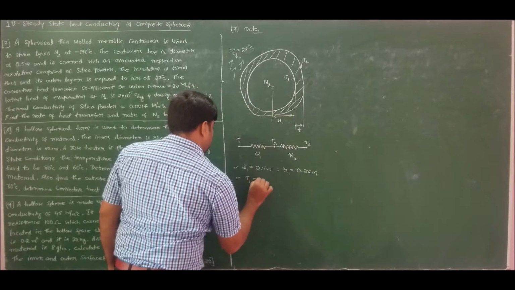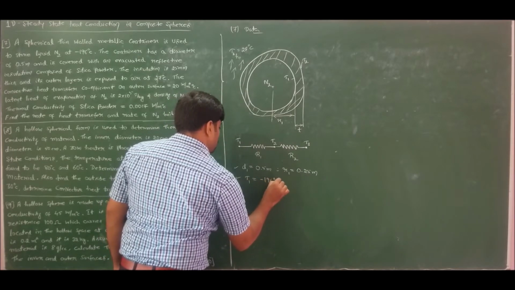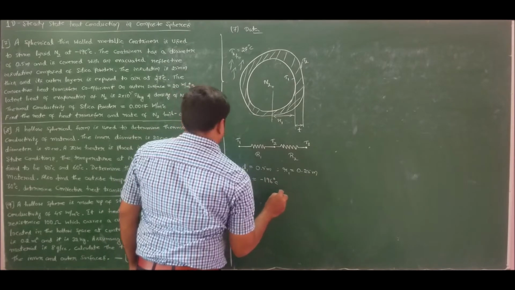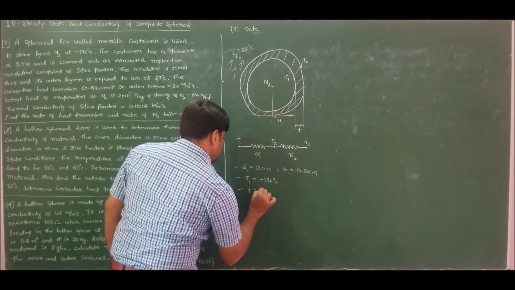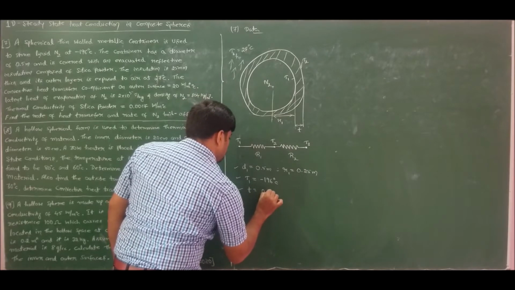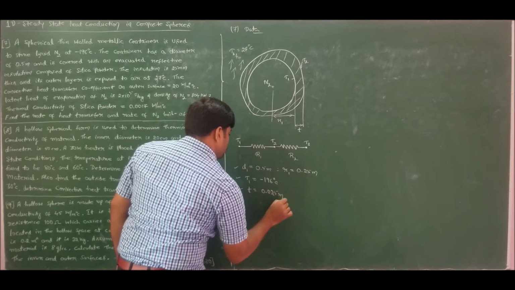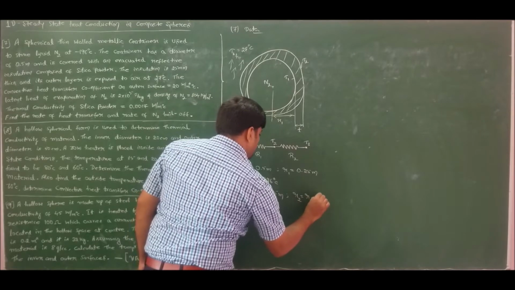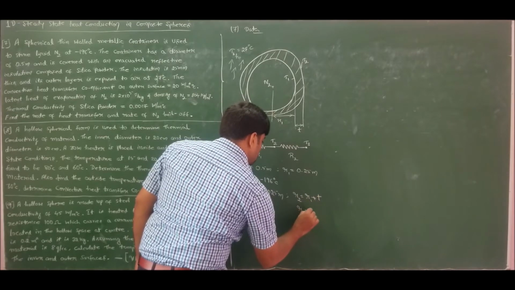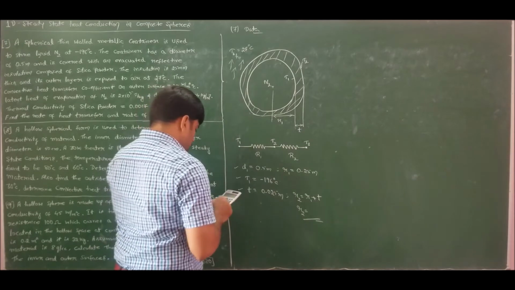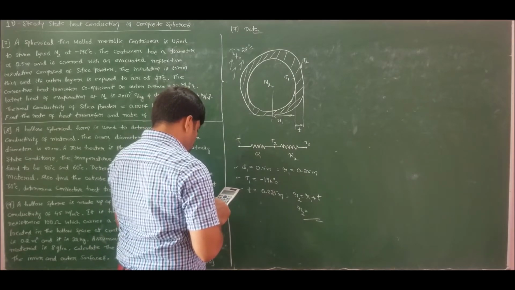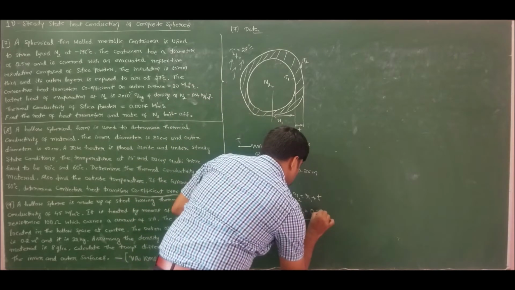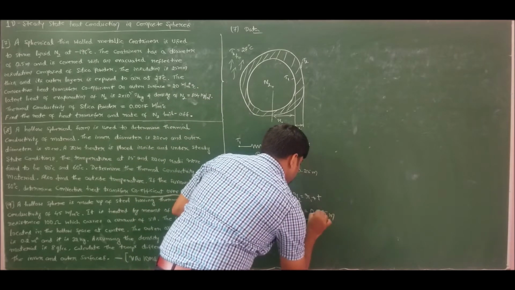We have specified the inner surface temperature as minus 196 degrees Celsius, and the thickness of insulation as 25 mm, which is nothing but 0.025 meters. Hence, R2 is given by R1 plus thickness. So R2 will become 0.25 plus 0.025, which turns out to be 0.275 meters.